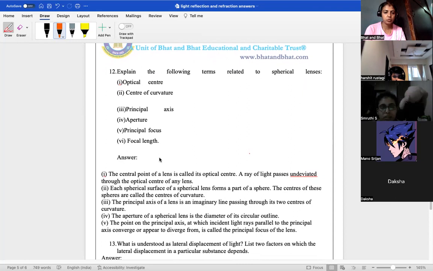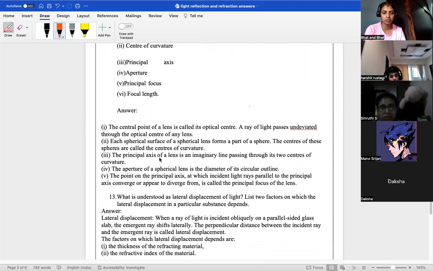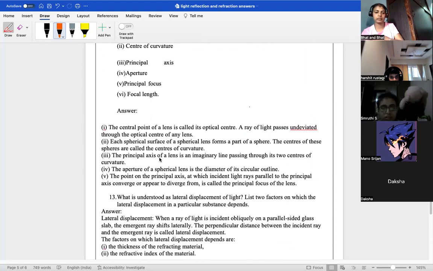Next one, what is understood as lateral displacement of light? List two factors on which the lateral displacement in a particular substance depends. So same question again. Okay. So what is lateral displacement?